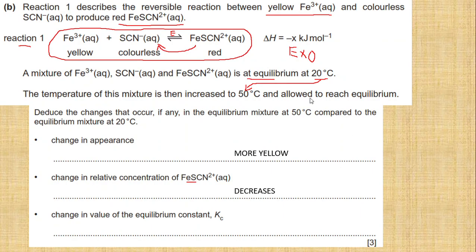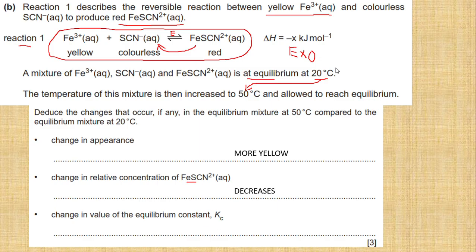As the third point, it says change in the value of equilibrium constant Kc. Now please remember, the value of Kc or Kp will only be changed if there is a change in the temperature. As we can see, there is a change in temperature, so we can expect some change in the numerical value of Kc.